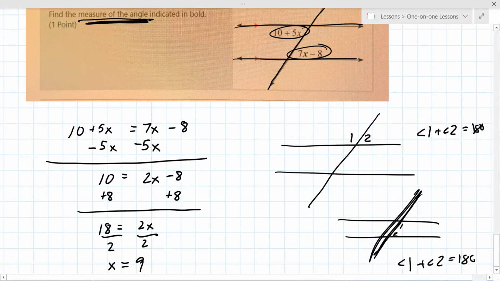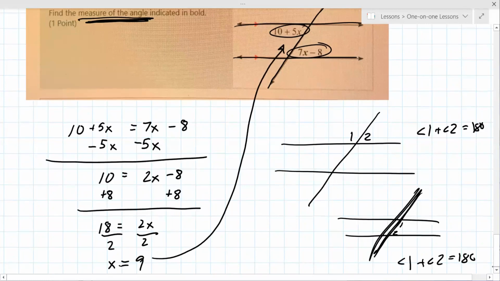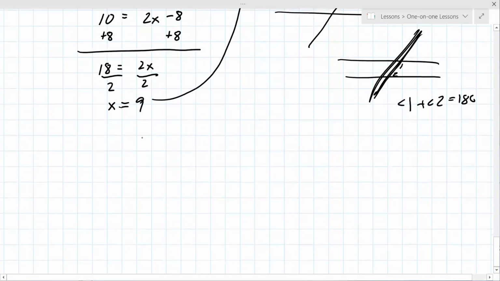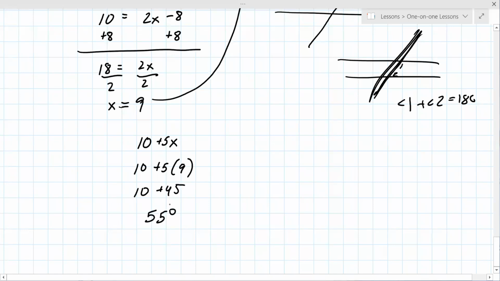Finding x is not the answer. X is the intermediate answer. You have to put 9 back into one of these. So let's go with 10 plus 5x. I know that x is equal to 9. 10 plus 5 times 9. 10 plus 45, so the angle measures 55 degrees.